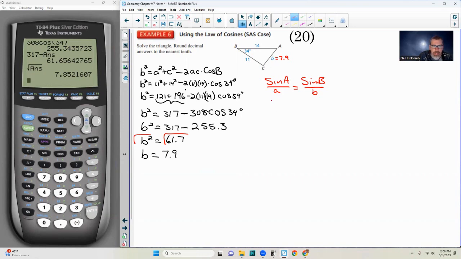So we don't know the sine of A because we don't know A. So sine of A over side A, which is 11, equals the sine of 34 degrees over B, which is 7.9. So I'm going to cross multiply, and I'm going to get 7.9 times the sine of A equals 11 times the sine of 34.